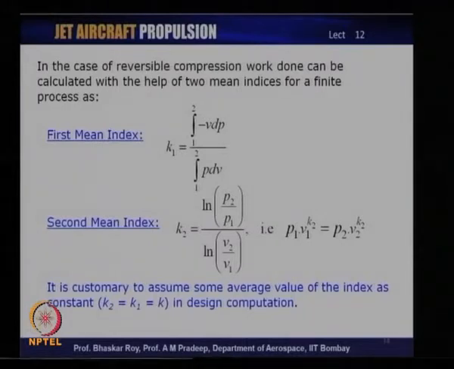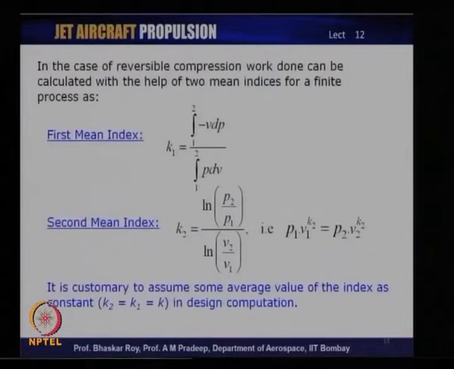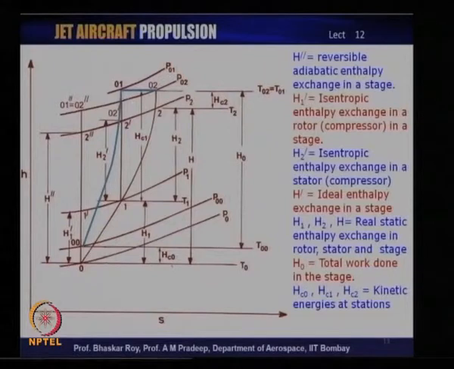Now, this total head based compression process that we have talked about, let us have a quick look at the HS diagram that we had a look at. You see the blue line shows the compression process where the changes are occurring in stagnation parameters from 00 to 01 and from 01 to 02, which means there is a total temperature change from T00 to T01.